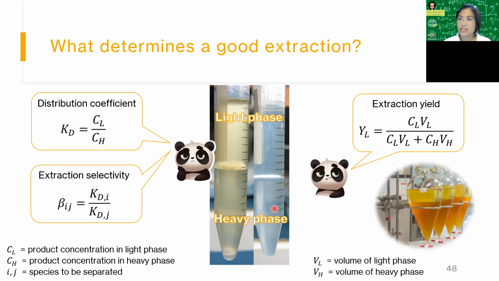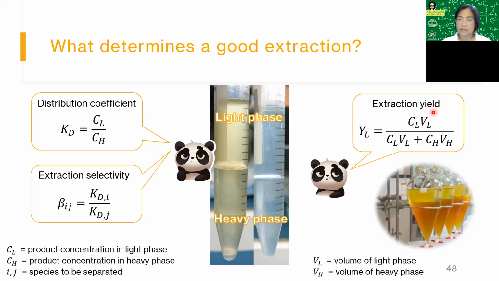So the extraction yield is the mass balance. In this case, we assume that the product is in the light phase. You see that I have concentration times volume. Normally concentration is in grams per liter or grams per milliliter, and volume is in liters or milliliters. When you multiply them together, you get a mass.